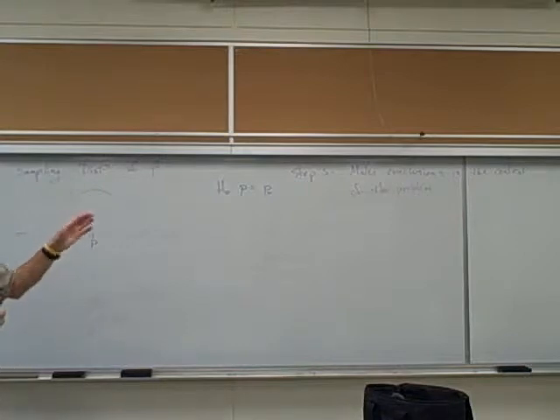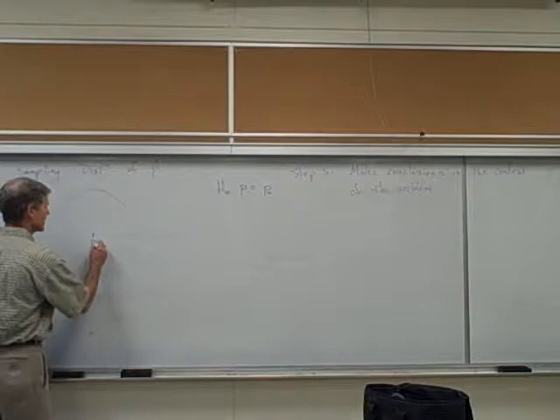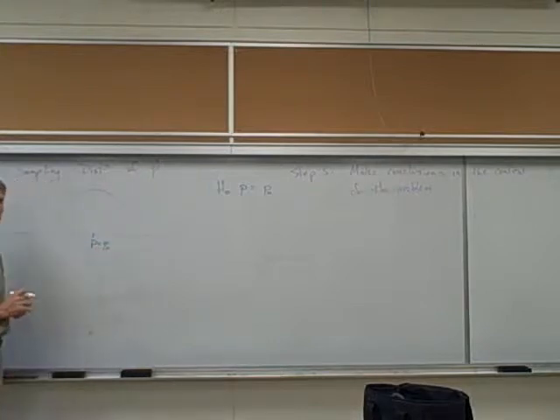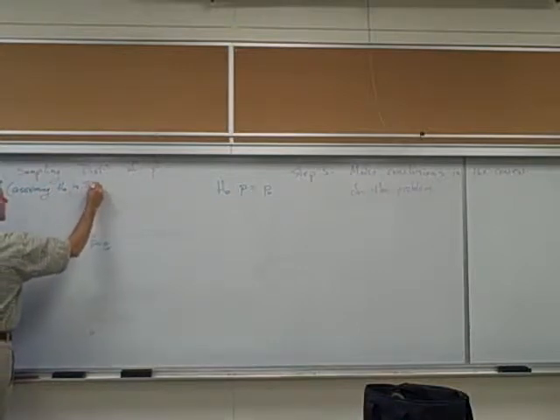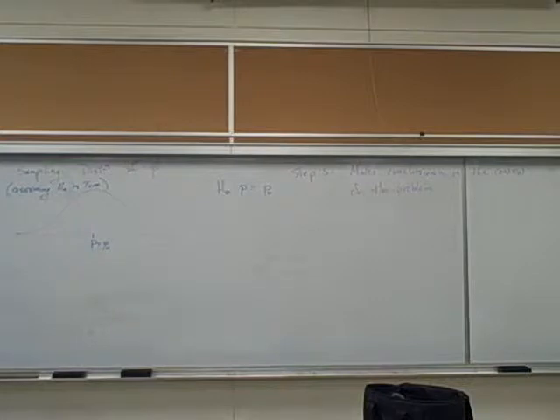So we'd have p equal 0.5. So if the null is true, then this p is p sub 0, assuming the null is true. So if the null is true, then we know the sampling distribution of p hat.